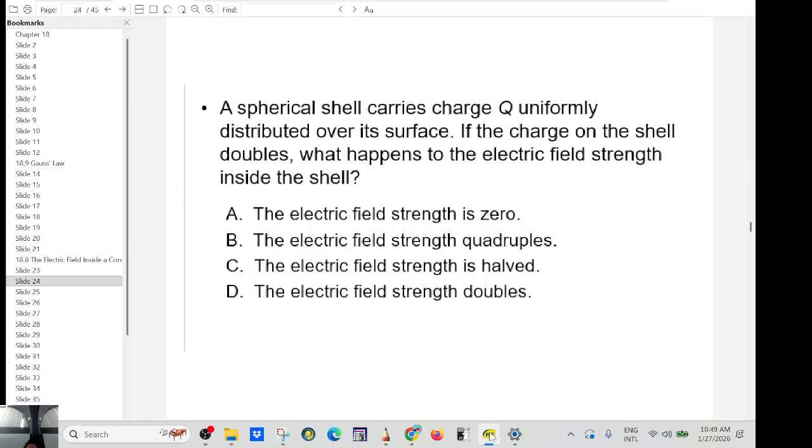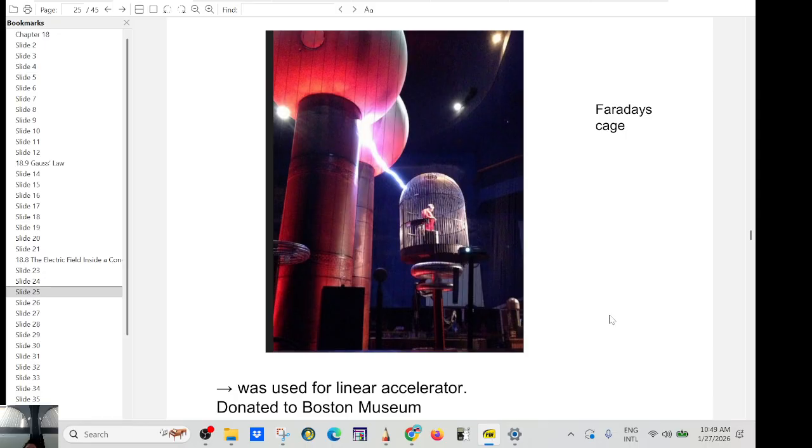And I have a picture somewhere. Okay, so you can do those. So this is at the Boston Science Museum. They have those huge Van Graaff generators because they used them as particle accelerators back then in the 30s.